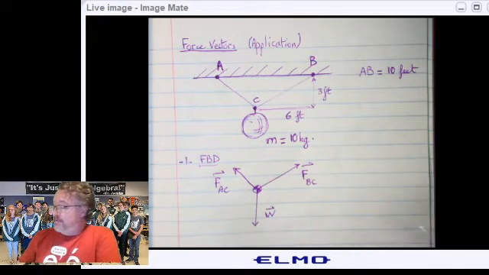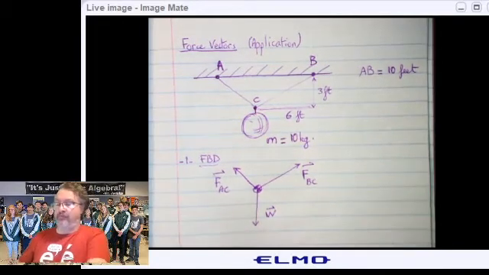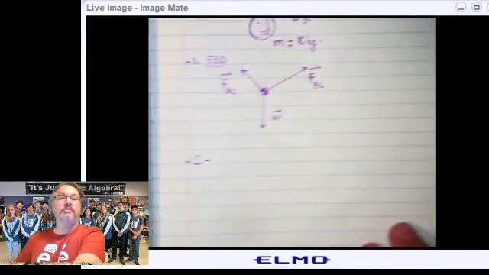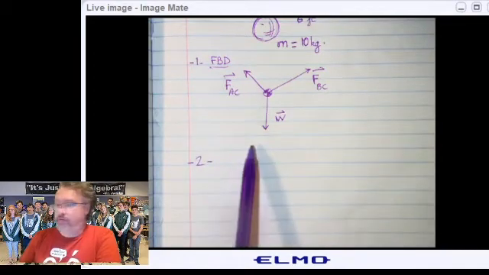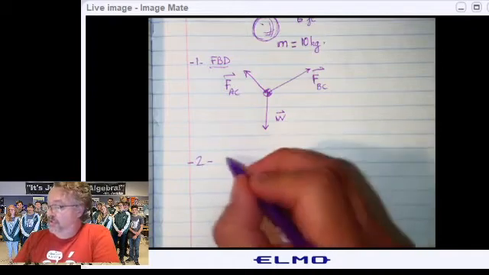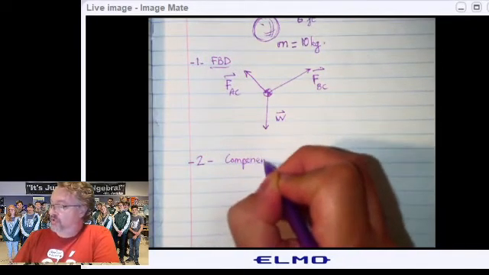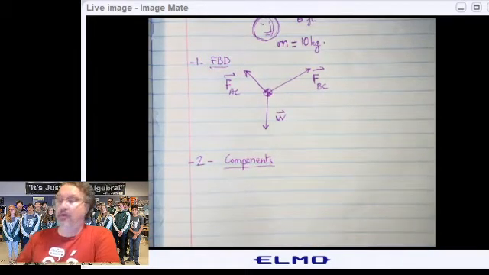Now, the next thing we're going to need in any kind of problem involving vectors is to define a system of coordinates in order to find the components of those vectors. Okay, so we want to talk about components of vectors, and in order to do so, we need a system of coordinates.